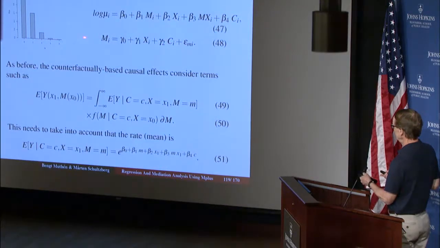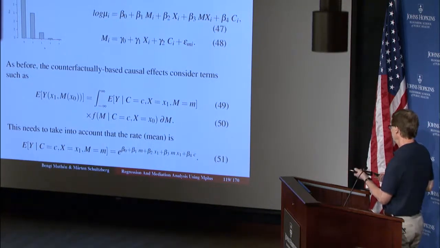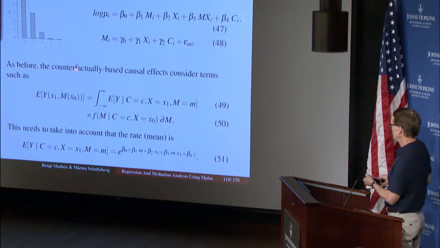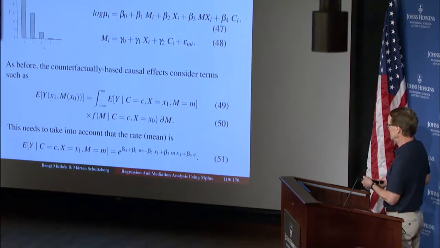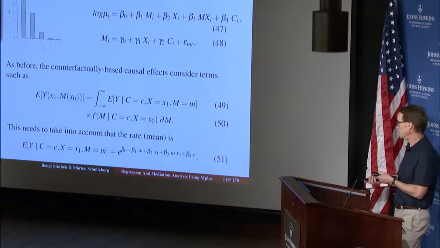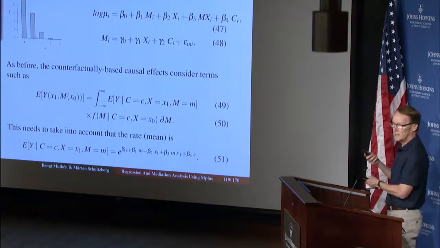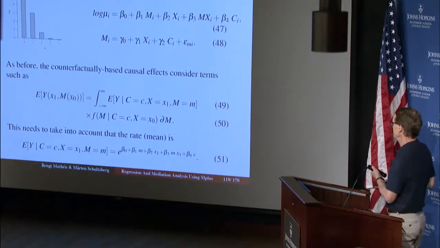And then you have the mediator equation. And just like before, we take the general approach, that's always correct. Counterfactually based causal effect, consider terms such as, here we have the 1, 0 term again, and by now you recognize that as the counterfactual situation, the second term in the indirect effect definition.